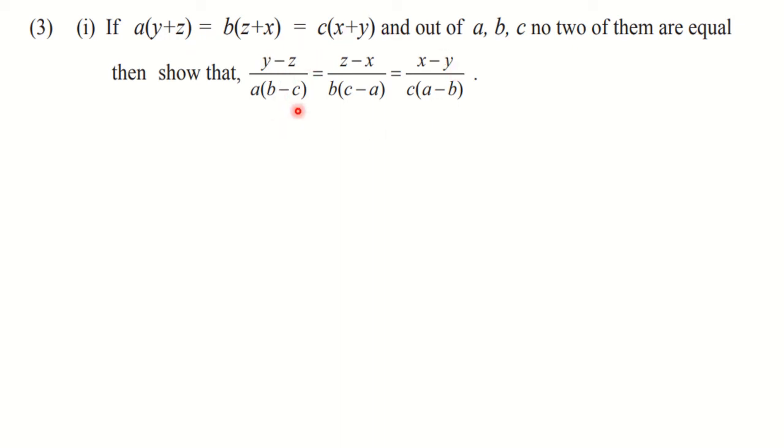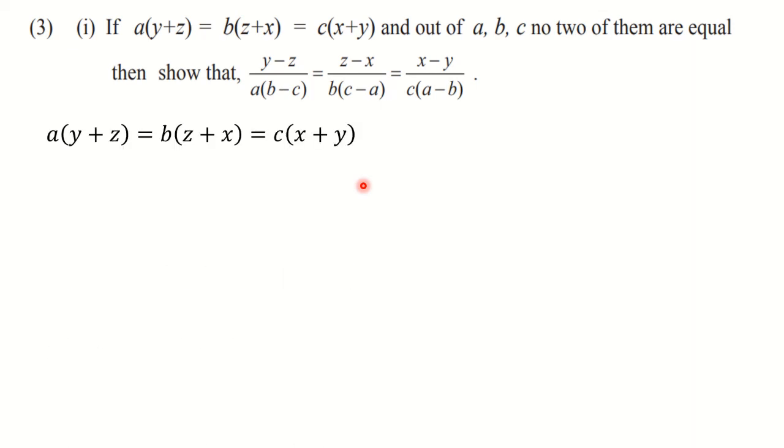So observation plays an important role here. Here you have to observe that the denominator is not present anywhere in the given, but here you can see a denominator, and in that denominator we have three constants a, b, c. So to bring them here, we have to divide each ratio by abc.